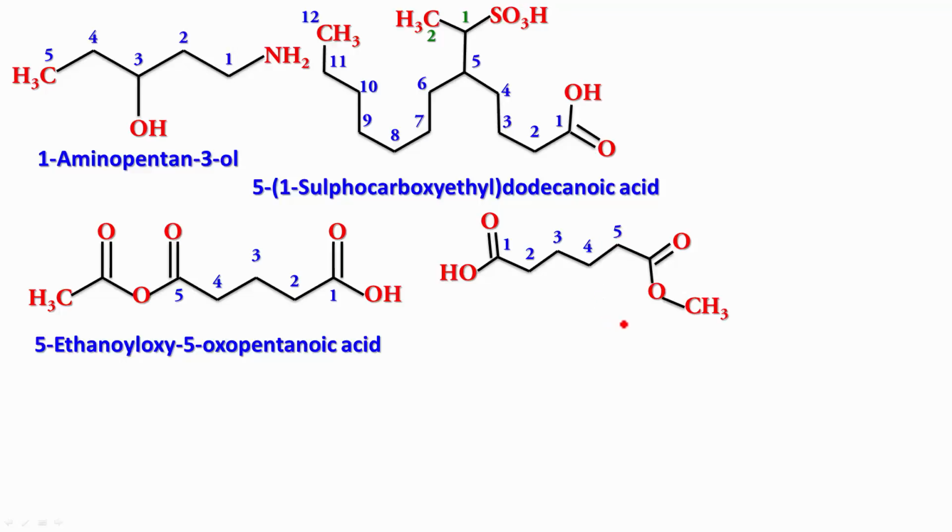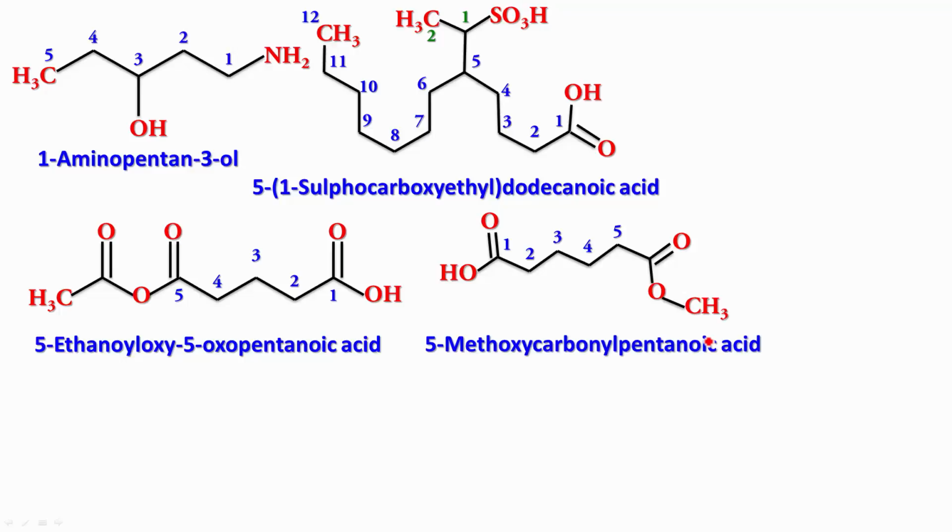The reason I'm not going to 6 is that in the ester, remember, if you number this as 6, then you got to say 6-methoxy 6-oxo. Or if you number only up to 5, then you have to say methoxycarbonyl, if you remember. So there are two ways of doing this. Since I've numbered till 5, I'm going to call it methoxycarbonyl sitting at 5. So 5-methoxycarbonyl pentanoic acid.